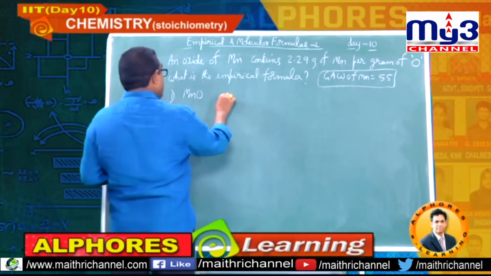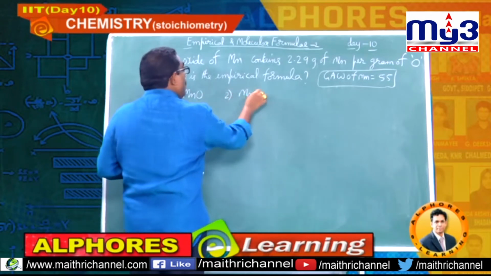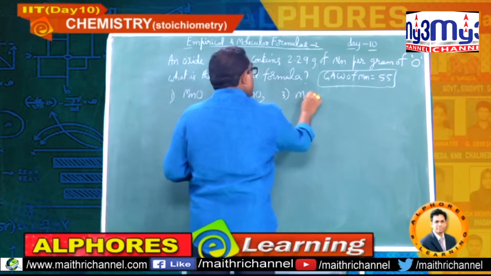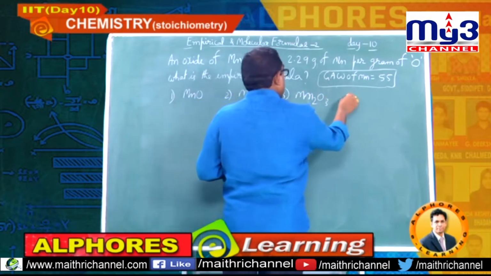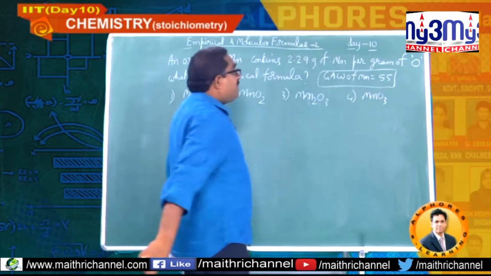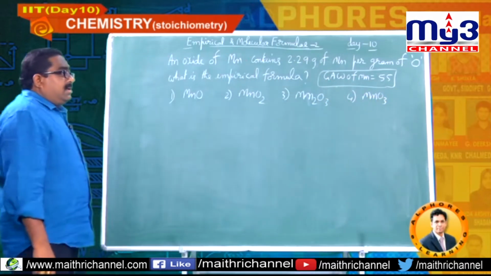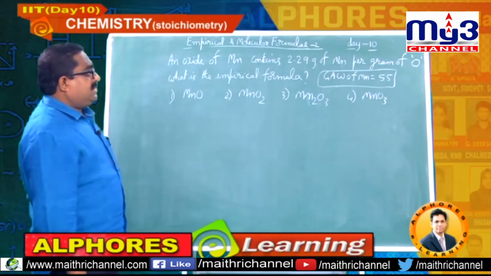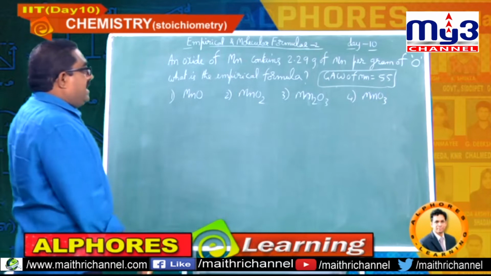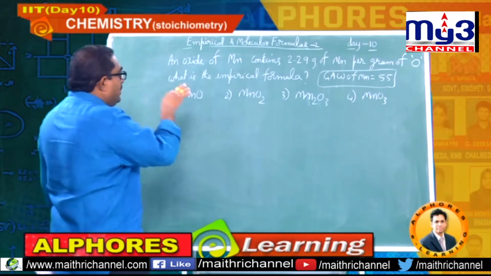MnO, MnO2, Mn2O3, MnO3. Why has he given the options? Because the data is not completely sufficient to evaluate the empirical formula.